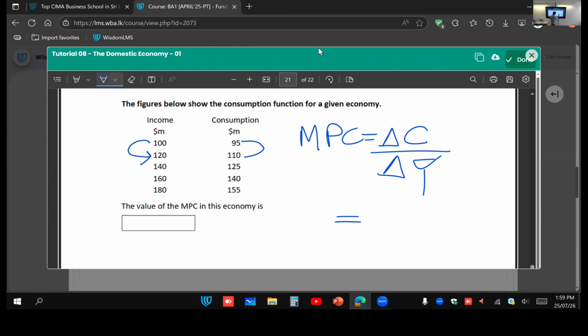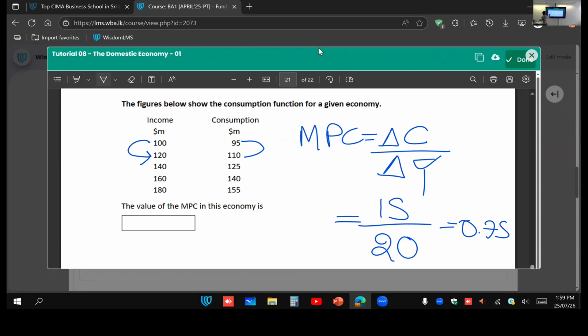So percentage change in consumption is 15, percentage change in income is 20, and this is equal to 0.7. Those who got that? Perfect. Okay, next question.